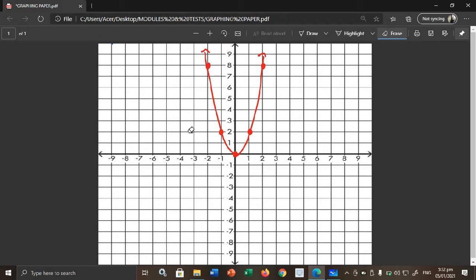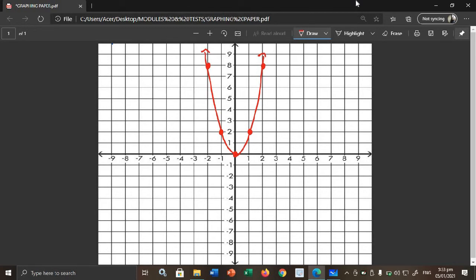So yan, this is the illustration of the graph of our first function. So kailangan yung end niya laging pa-arrow kasi it means that the graph or the opening of the graph is continuous, dire-diretso. Sa module niya, hindi ko na nalagyan, hindi ako nakapag-insert ng ganyan.